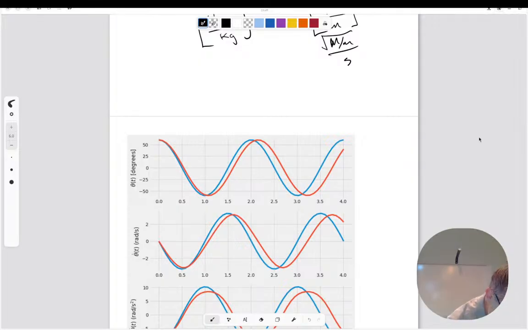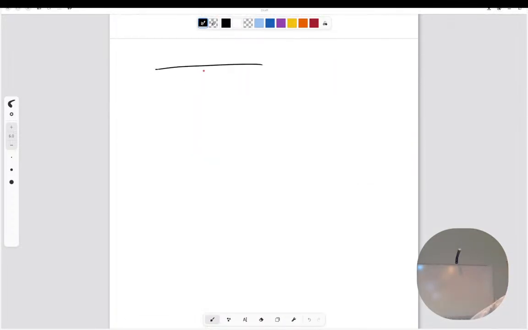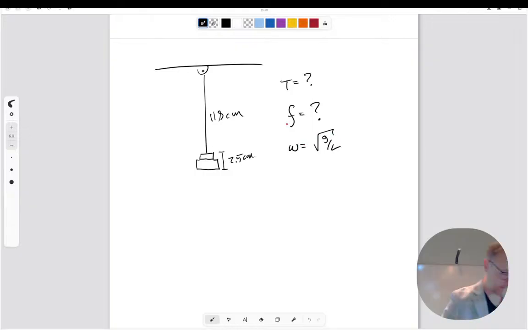New page. So what's our time period? What's our frequency? They're all connected. If we know one, we can calculate the others, but that's what we have.